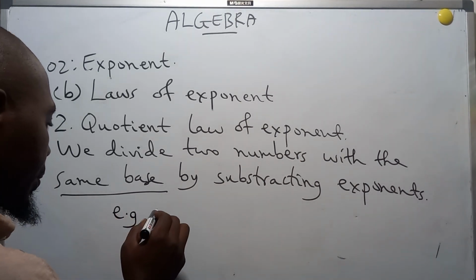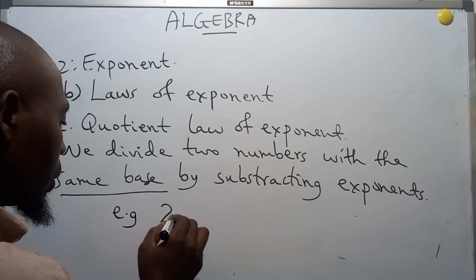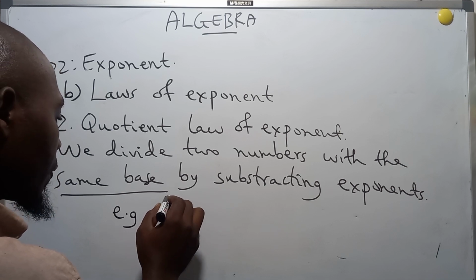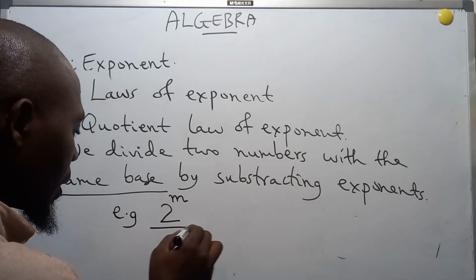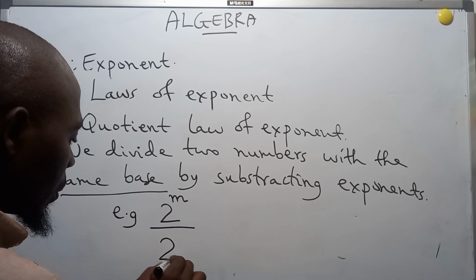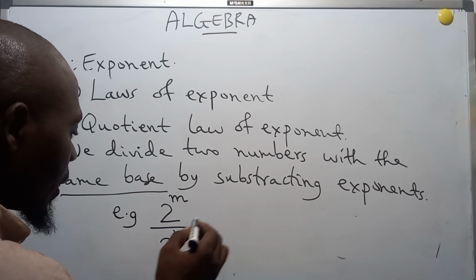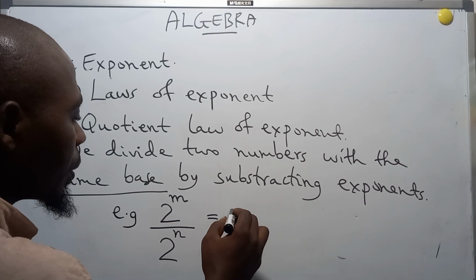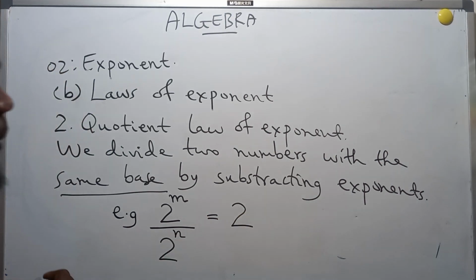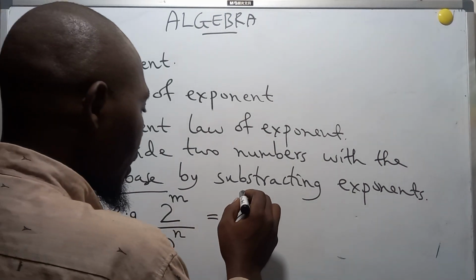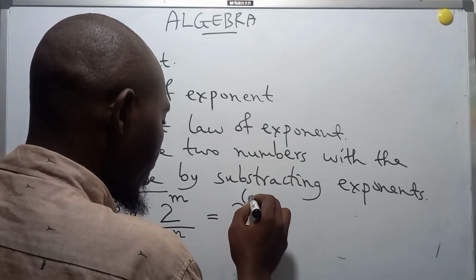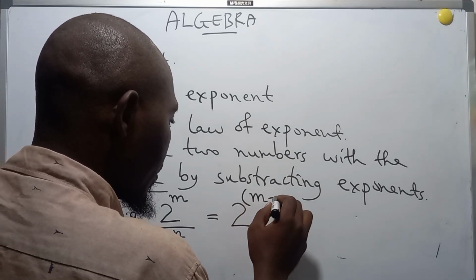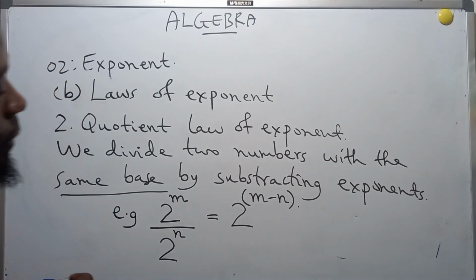For example, 2 raised to the power of m over 2 raised to the power of n is equal to 2 raised to the difference of m and n.